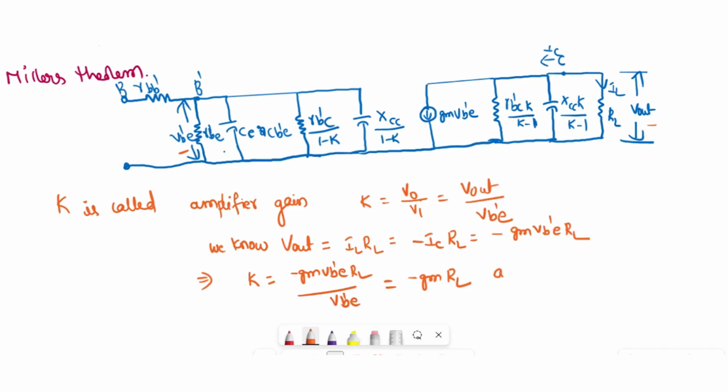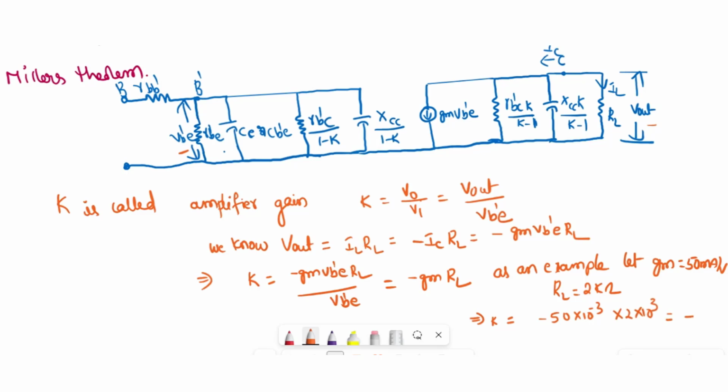To simplify the circuit further, as an example, let gm be 50 milliampere per volt and RL be 2 kilo ohm. So I get K as minus 50 into 10 power minus 3 into 2 into 10 cube, which is minus 100.